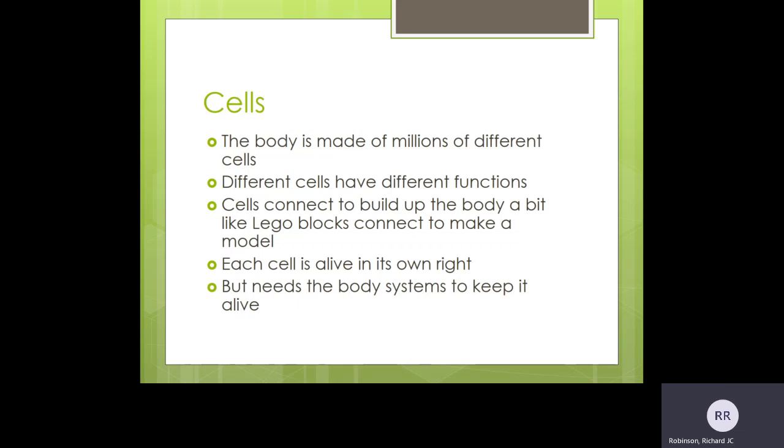So we have several different cells just in this speaking that are working together to produce the desired effect. They're a little bit like Lego blocks. They can connect to make you up, and each of these cells is alive, and each of these cells, of course, has to do what all things have to do when they're alive. They need energy, they need oxygen, and they need to get rid of waste.